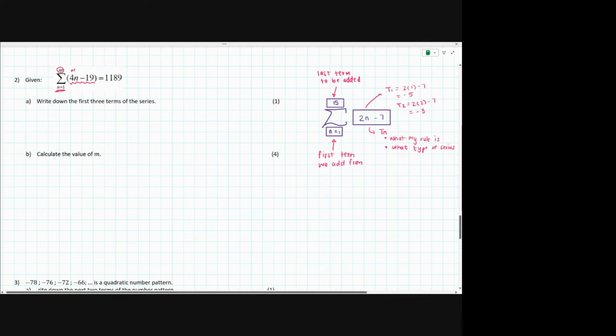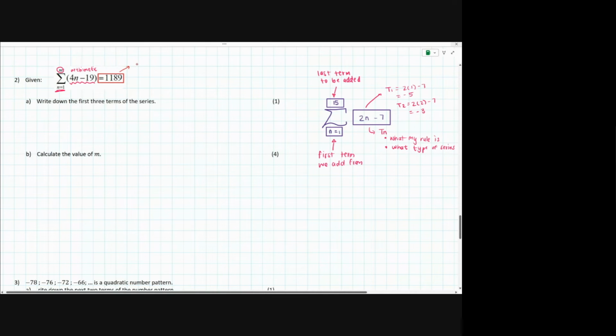This is an arithmetic or linear series. All right, so I'm adding a series that has a constant first difference. Now there's an added little bit of information here that we didn't have there, and that's just by nature of the question. It tells me it's equal to 1,189.